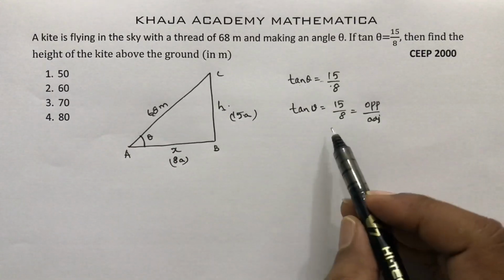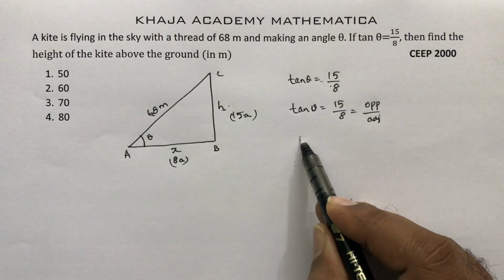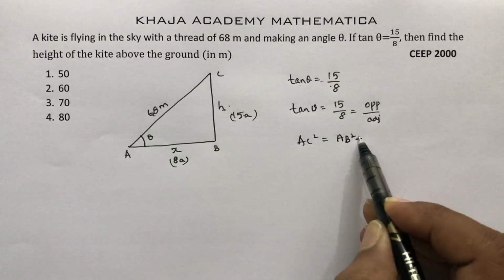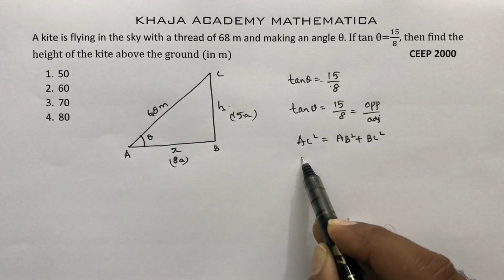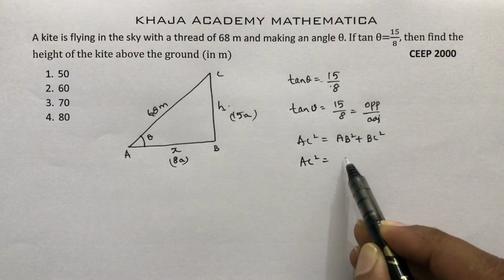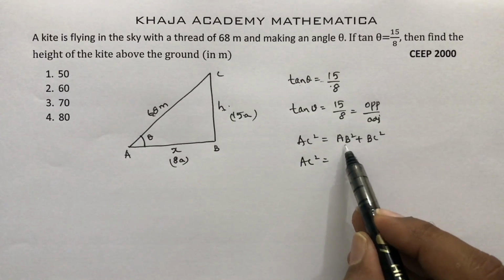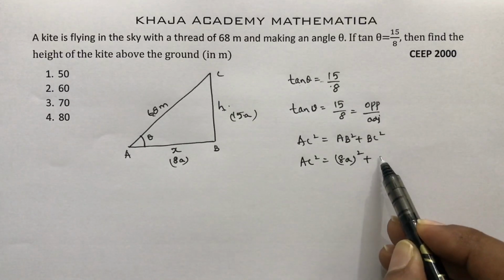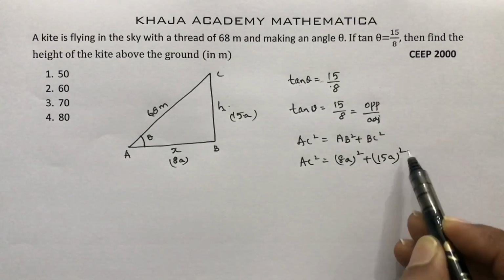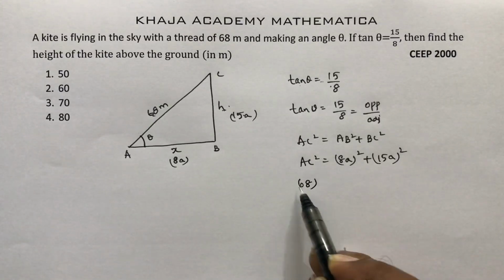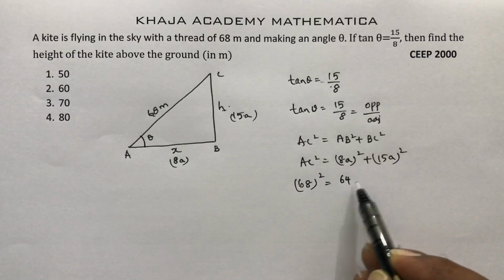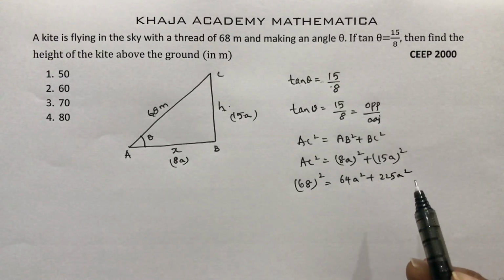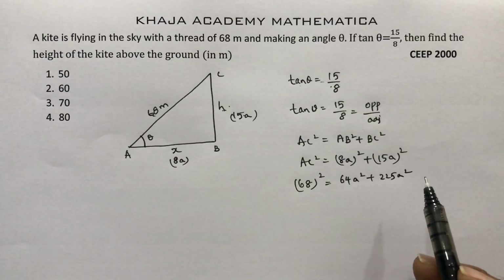Apply Pythagoras theorem. AC square equals AB square plus BC square. So AC square is 8A whole square plus 15A whole square, and AC is 68 square. That is 64A square plus 225A square.